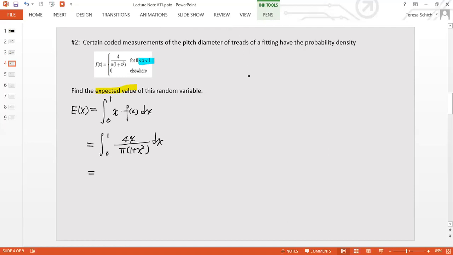What I can do is first move the 4 and the pi outside, right? These are the constants. So this is the integral from 0 to 1 of x over 1 plus x squared dx.